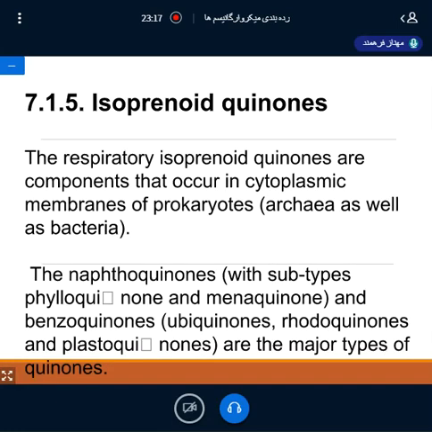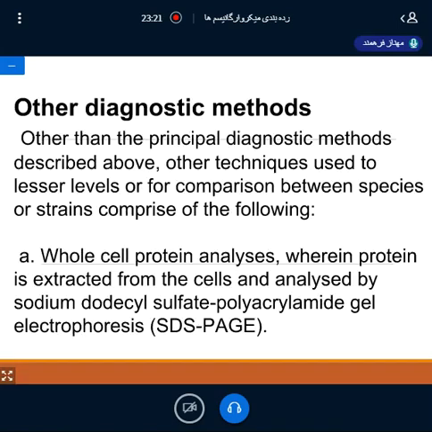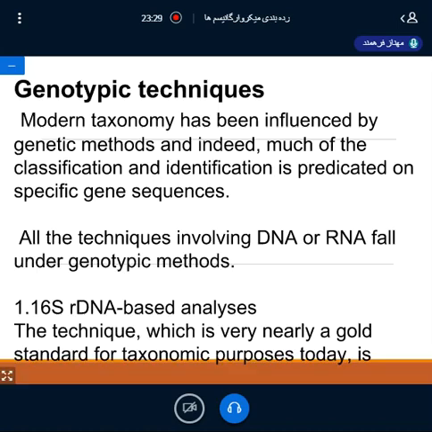Yes. And isoprenoid quinones and other diagnostic methods, advanced spectroscopy and spectrometric methods. And now today we are going to start the genotyping methods, yes?